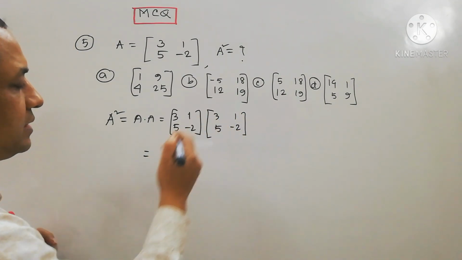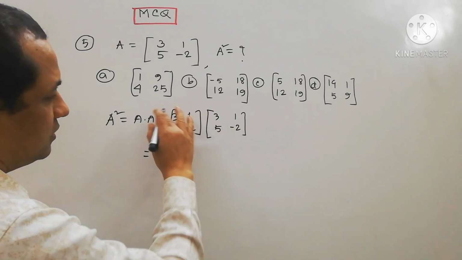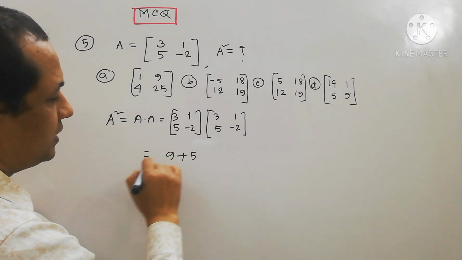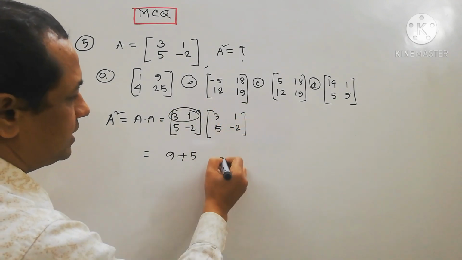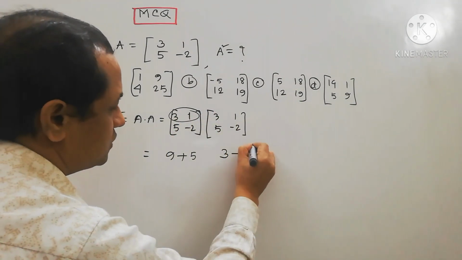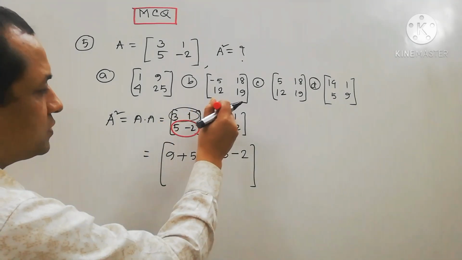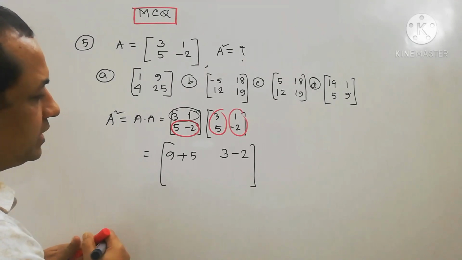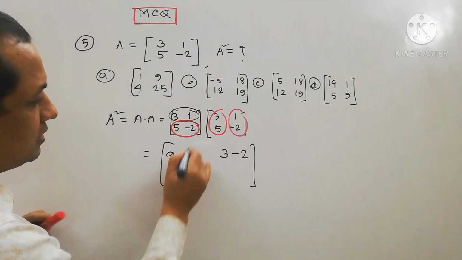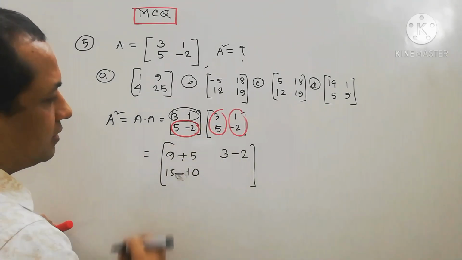So student, here multiplication: first row and first column, 3 into 3 is 9, plus 1 into 5 is 5. Again first row and second column, 3 into 1 is 3, and 1 into minus 2 is minus 2. Now second row and first column: 5 into 3 is 15, minus 2 into 5 means 10.